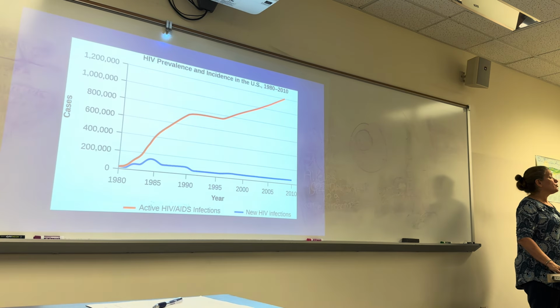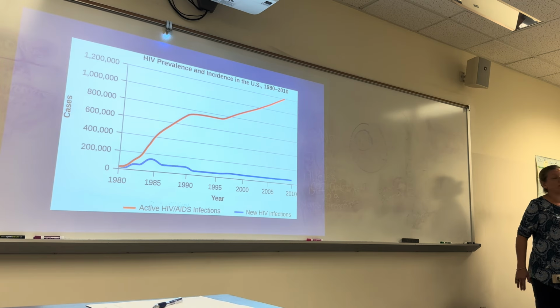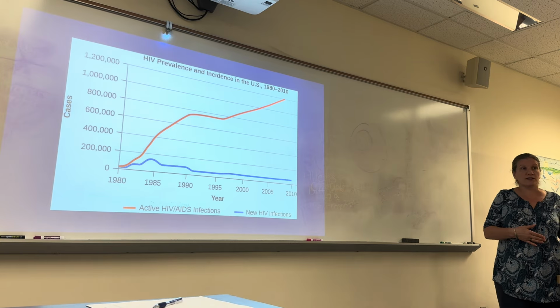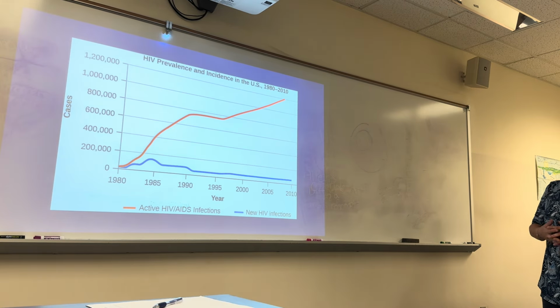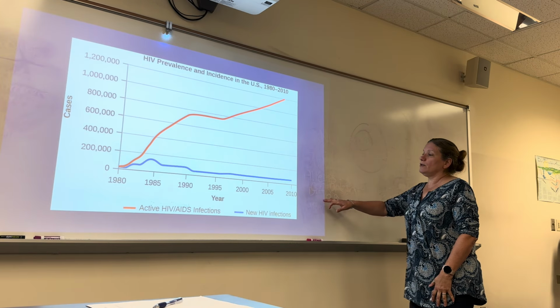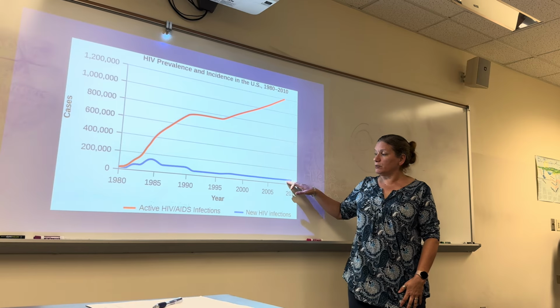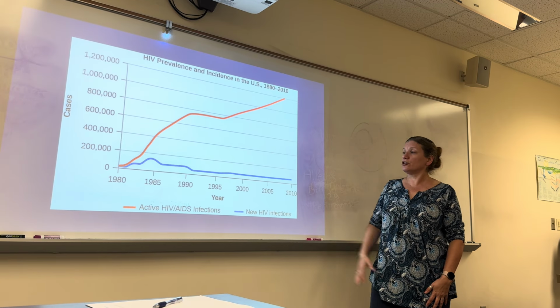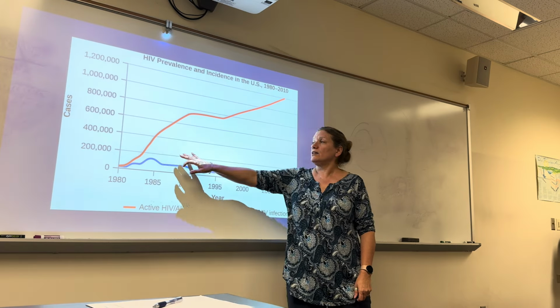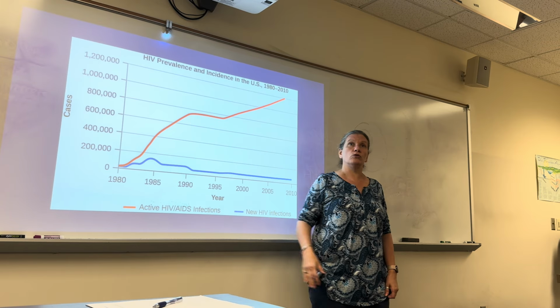All right. So here is a graph from your text, okay, of the HIV prevalence and incidence in the U.S. Okay, and so the incidence is the blue, new HIV infections, and the prevalence is the red. That's the total.